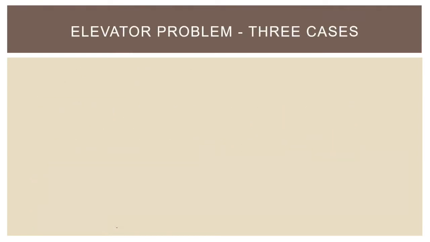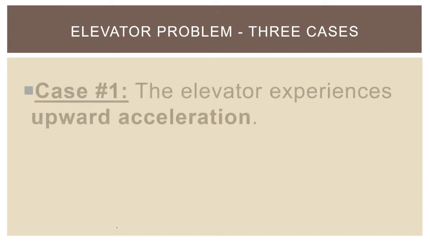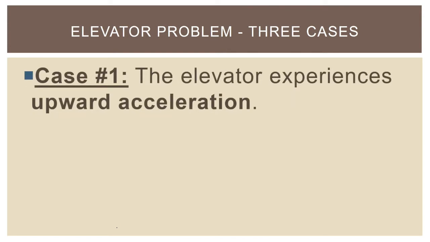So when we get into the specific details for the elevator problem here, essentially what we're going to do is break all elevator problems into three categories. There are three cases of motion that we want to deal with when we're talking about an elevator problem. The first case is when the elevator experiences an upward acceleration.